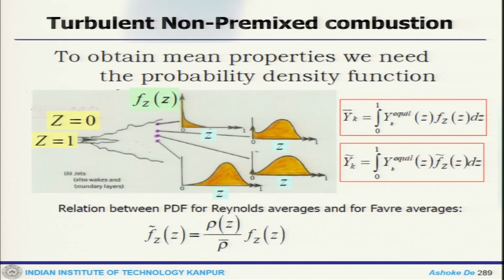Now how do we obtain these mean properties? That is an important question, because we have transformed our system from the local space to mixture fraction space. So, for example, let us say this is our flame front, and this is then the flame normal analysis. Our transport equation is in physical space, this is a Z equation, and it is free from source terms and we are not solving mass fractions and all these things. Those equations for the mass fractions and temperature are solved in this normal space, which is essentially the mixture fraction space.